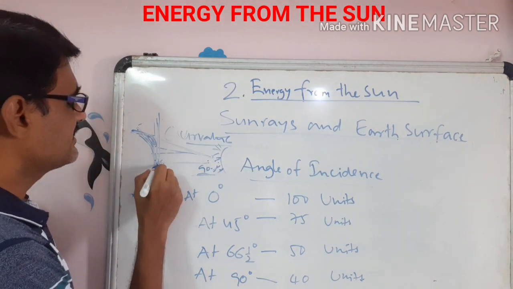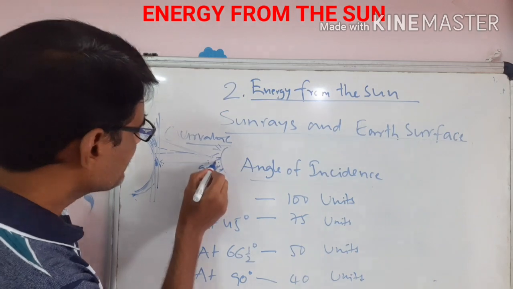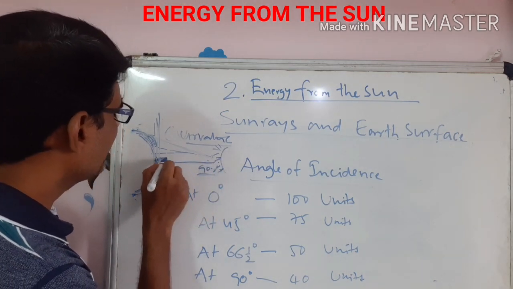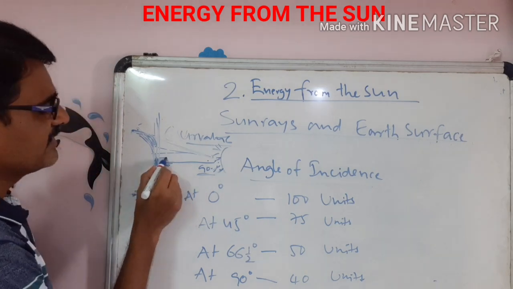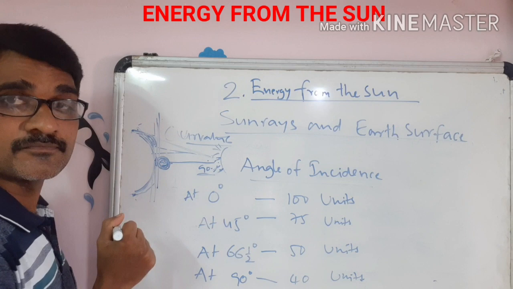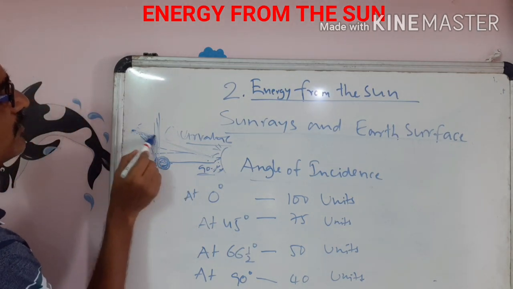And also the area occupied by those rays is less at the equatorial zone, because the sun rays are falling directly. The sun rays are falling directly in the equatorial region. The area occupied by these rays is less, and this area is more.